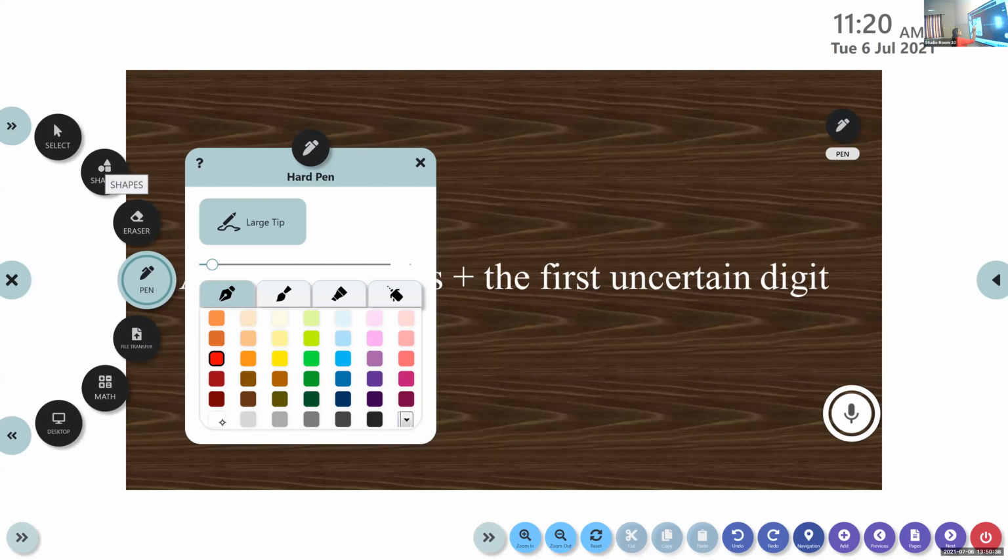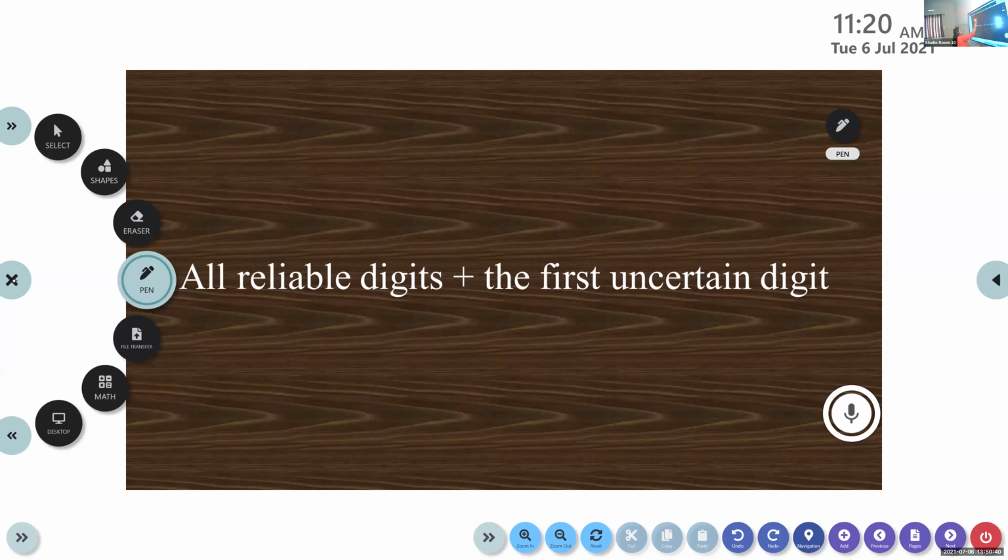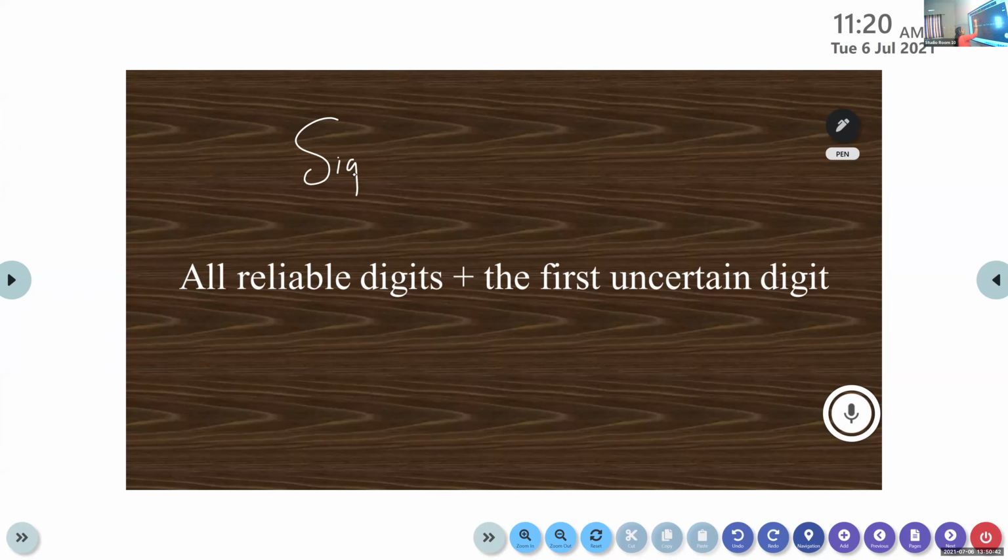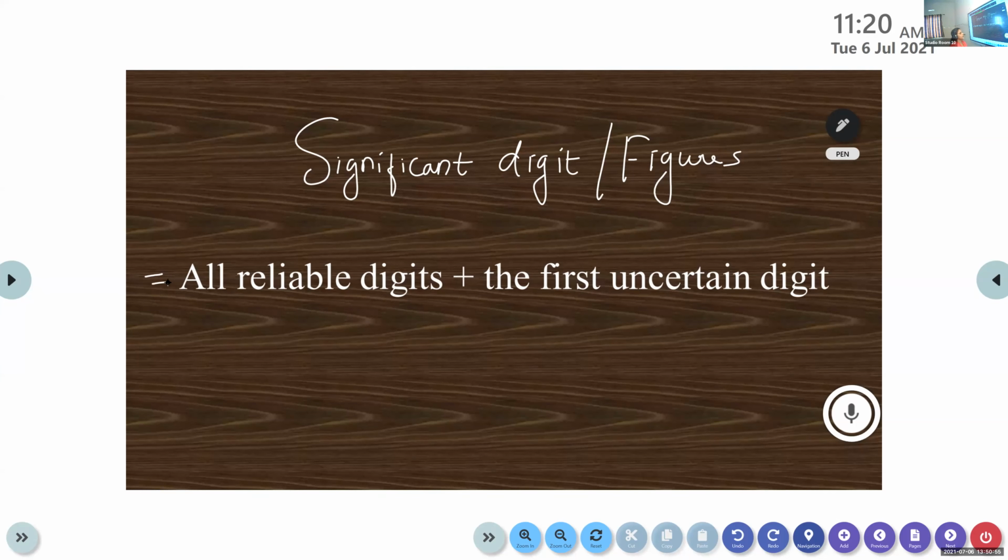In short form, you can copy down this equation: significant digits or figures is equal to all reliable digits plus the first uncertain digit.